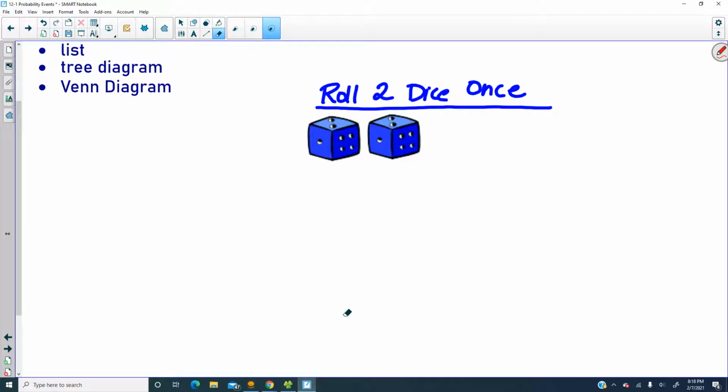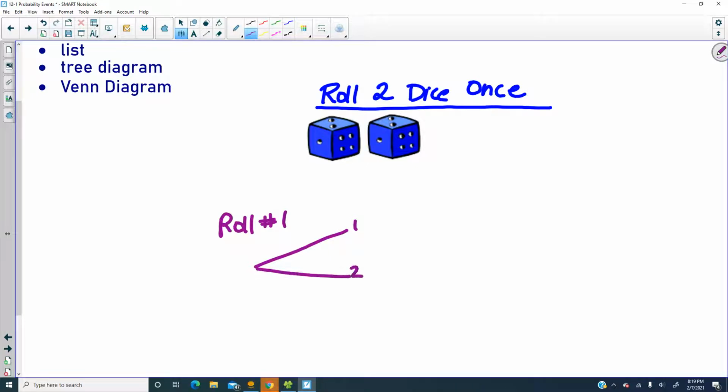So a tree diagram is where you look at the probabilities as you go. So let's say on my first roll, what could happen? Well, I could get a 1, or a 2, or a 3, or a 4, or a 5, or a 6.